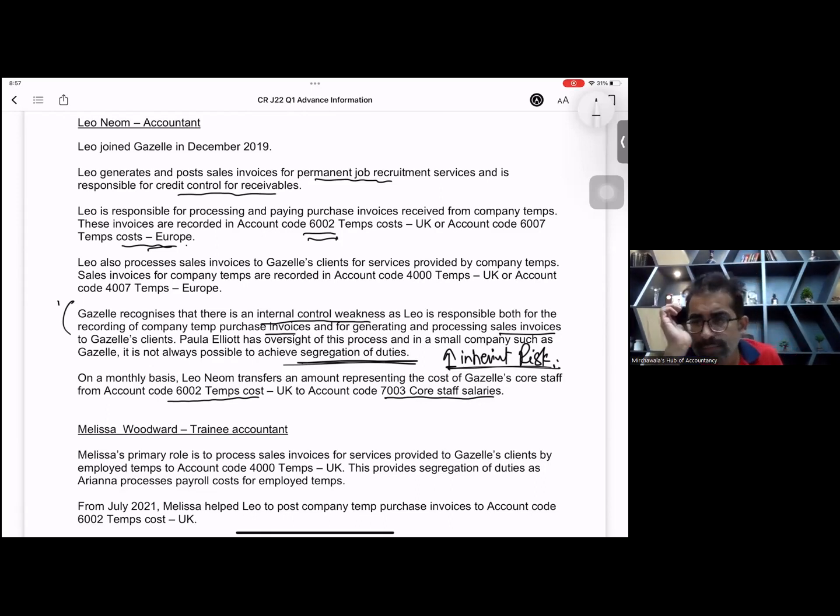There is a possibility that for December's salary, the last month's salary, they are doing the transfer in January. So there is a risk of understatement of expenses in the last year. It is just a cutoff issue: last year's cost is booked next year. So these types of things may also come in the exam.